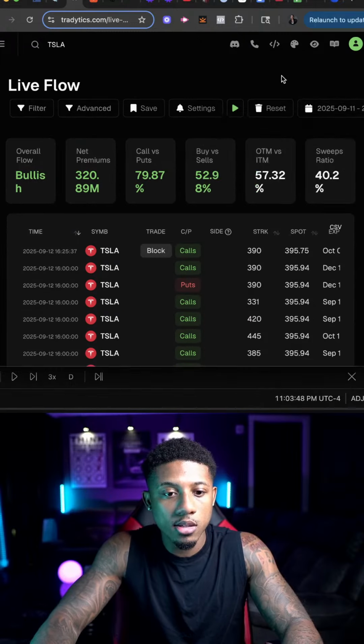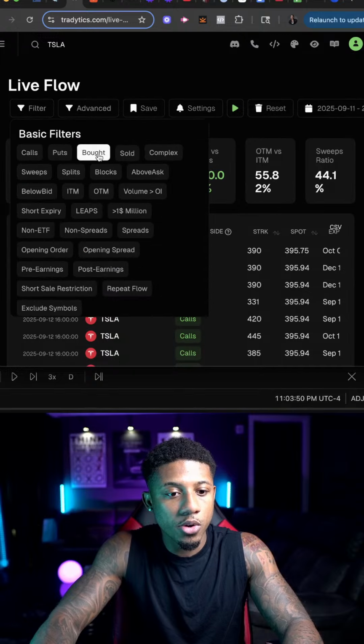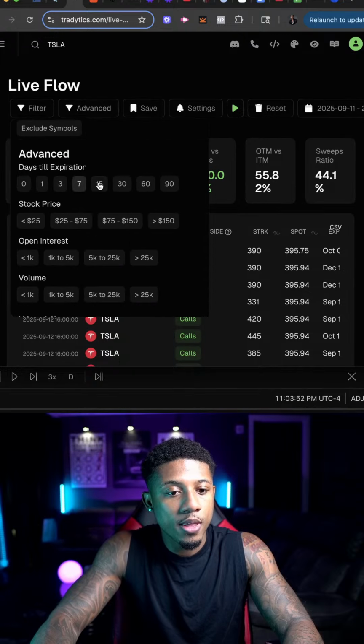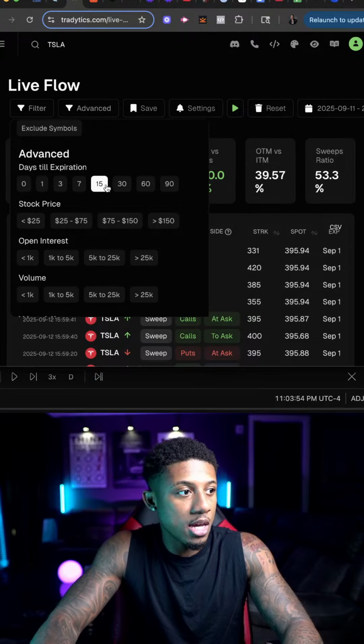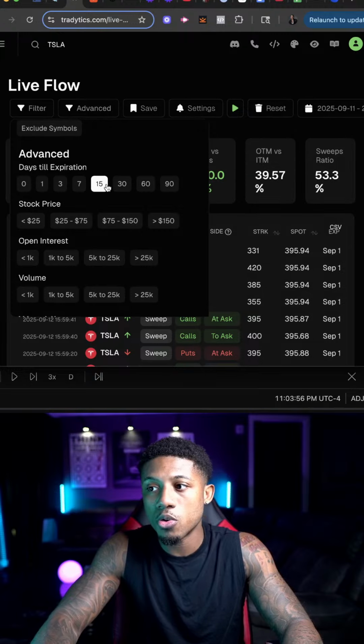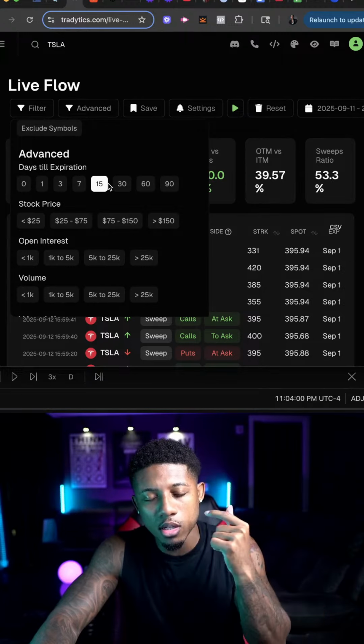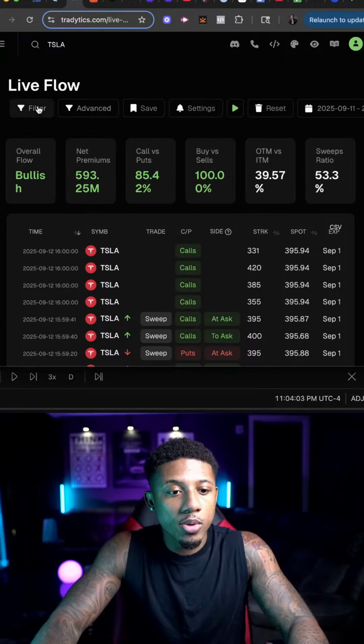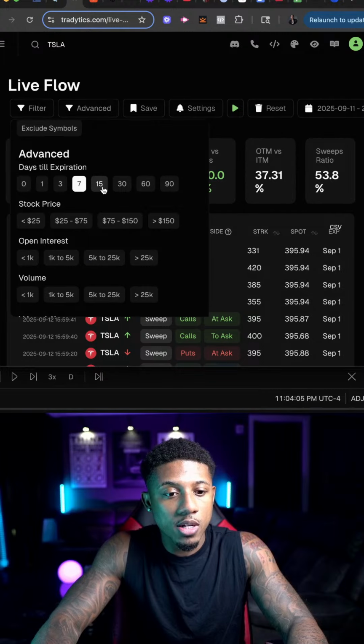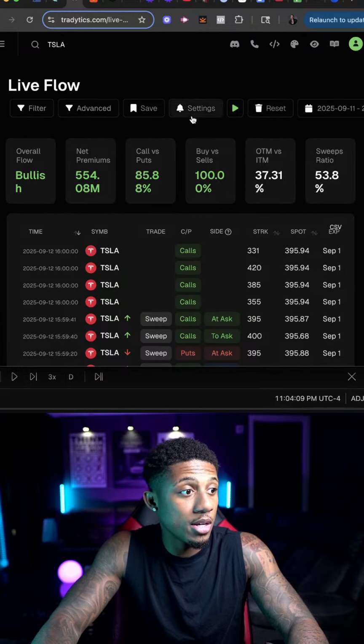The date is selected. When I go to filter, I want to see bought, and I want to see 7 to 15 days, because I'm either doing swings, or I'm doing weeklies. So I want to see either 7 days or 15 days, right? You can see both of them if you click both, but for right now, I'm just going to click on 7 days.